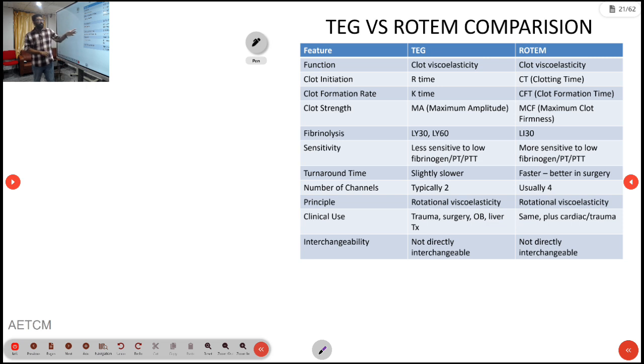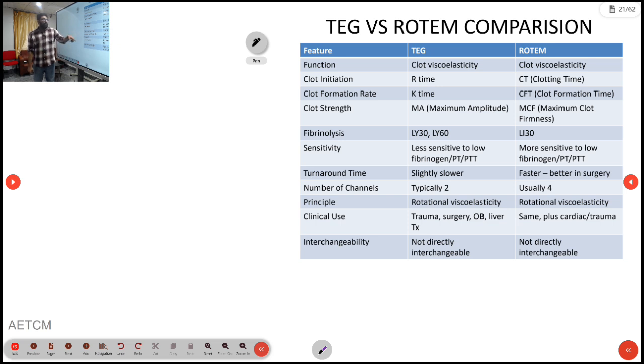In sensitivity, TEG is less sensitive to low fibrinogen, PT and PTT, but ROTEM is more sensitive. So that's why ROTEM is more advantageous. We can identify even lower values of fibrinogen, PT and APTT.